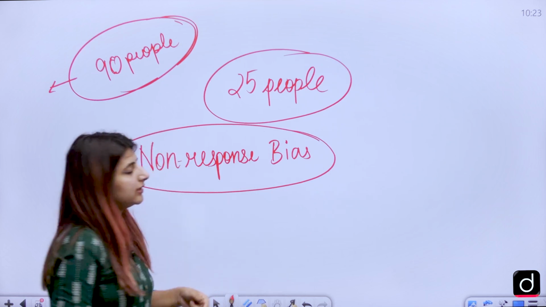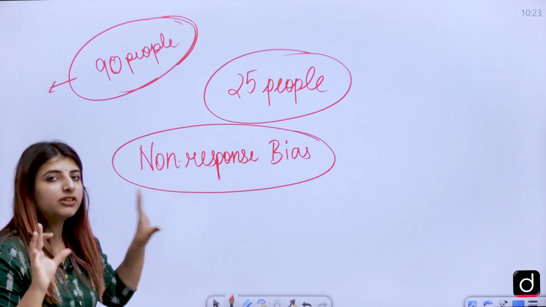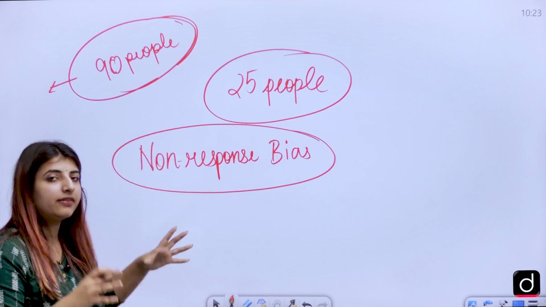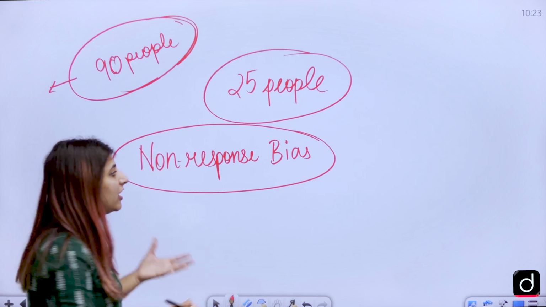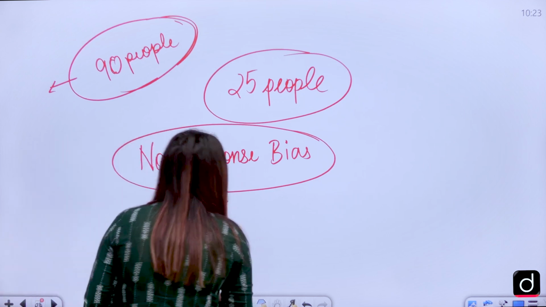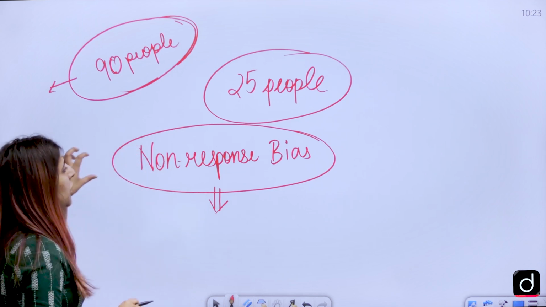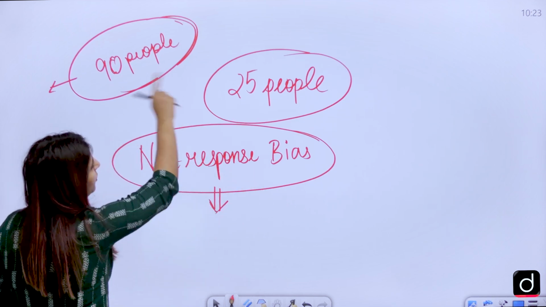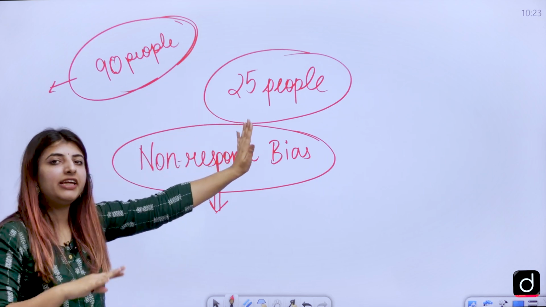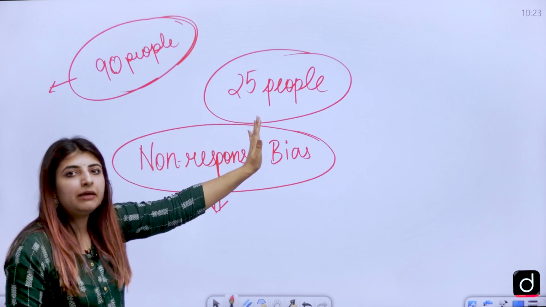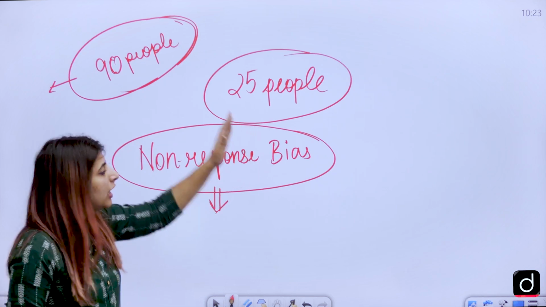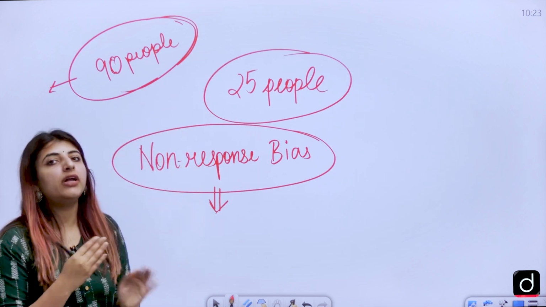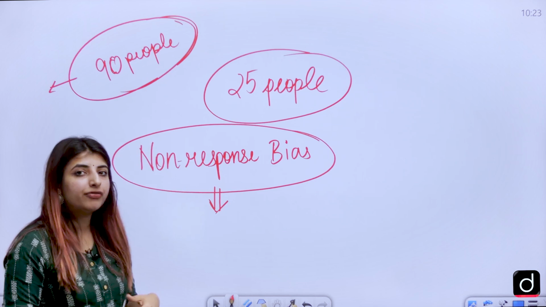Now, just fasten your seat belts because it is a new topic. It was a topic, but they have never asked in the question. So, you need to know this very topic. Non-response bias, right? As I told you, 25 people, but let's say only 17 people are answering, right? So the rest of them are not answering and they have backed off the research.